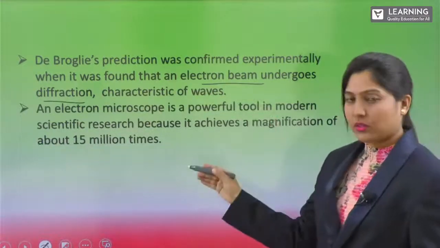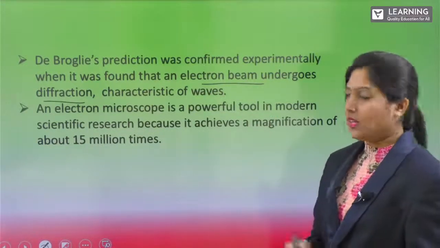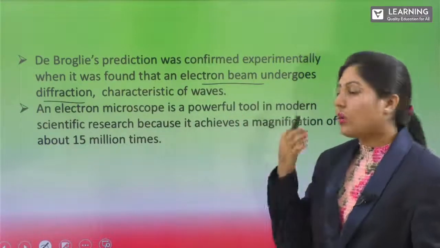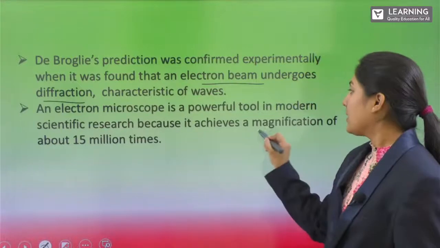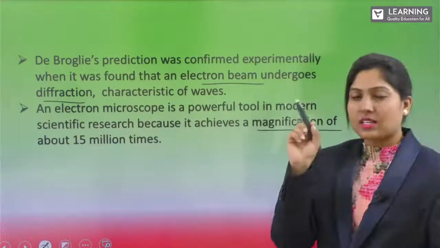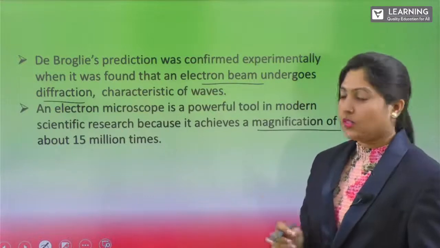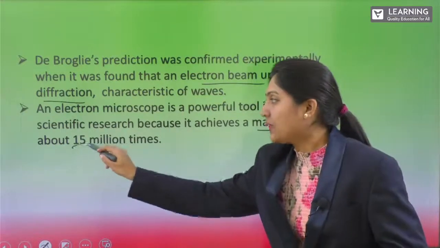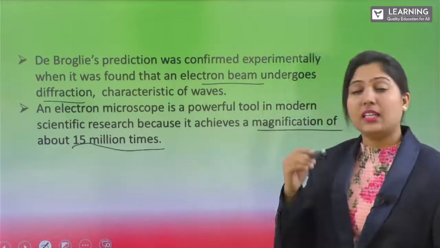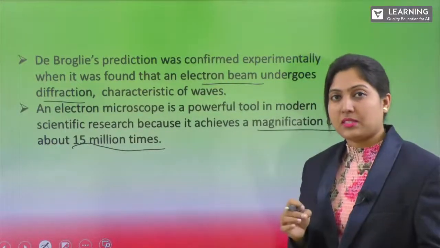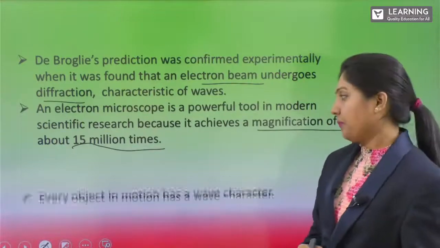An electron microscope is used here, a powerful tool to understand the small structures of microscopic elements or atoms. You can magnify a given substance 15 million times and look through it.